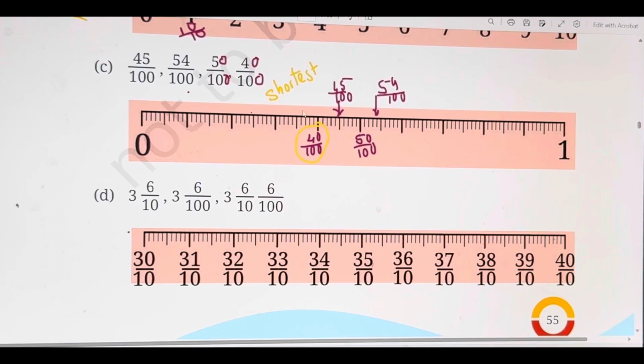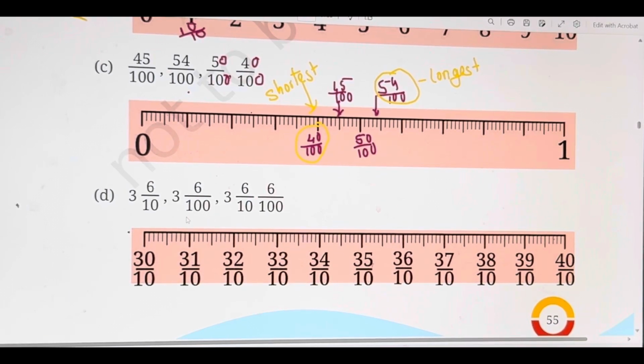So 40 upon 100 or 4 upon 10 is the shortest, and 54 upon 100 is the longest because it is on the right side of the number line. So just remember, whichever number is on the left side will always be shorter than the number on the right side. Now let us see question number D.